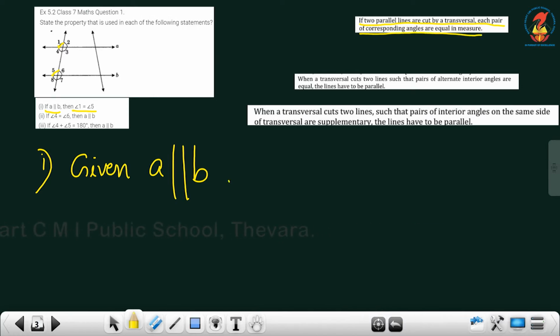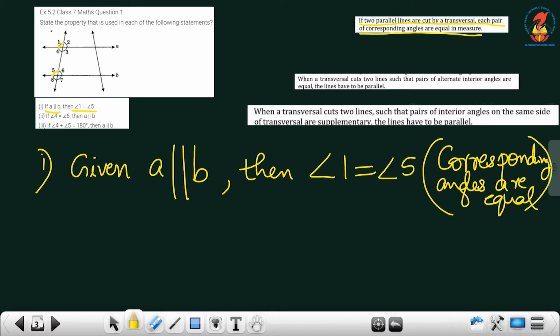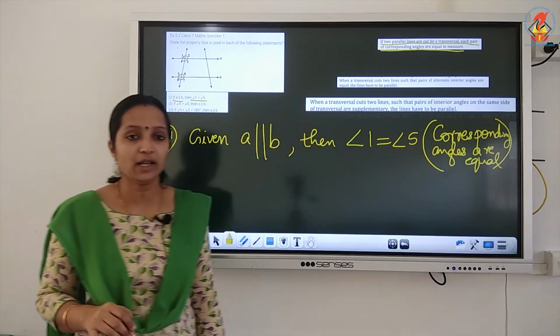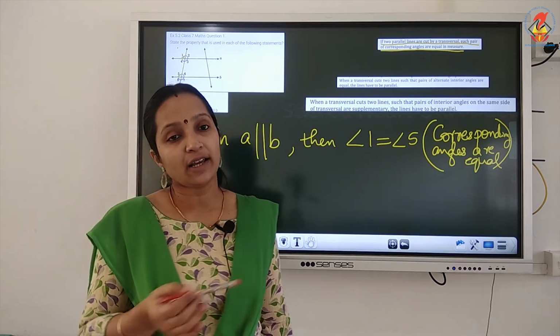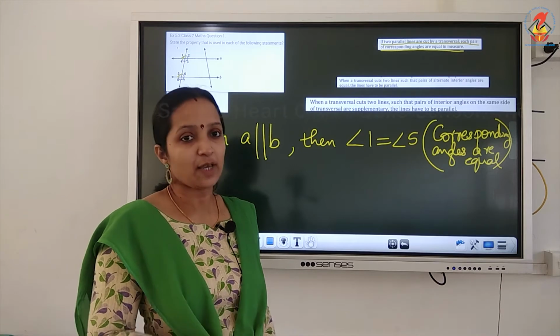So, what can you say? Angle 1 is equal to angle 5. What is the reason? Corresponding angles are equal. If the lines are parallel, each pair of corresponding angles is equal, each pair of alternate interior angles is equal, and interior angles on the same side of a transversal are supplementary.